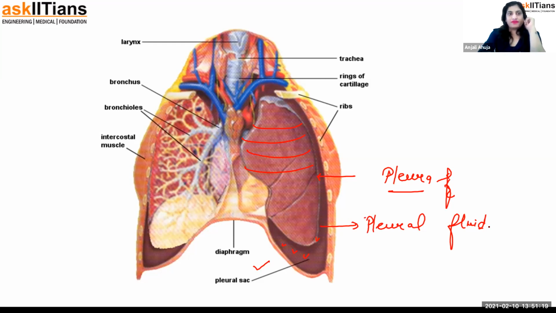Now, the lungs also have blood arteries and veins. So you see the bronchioles are there. From here, blood vessels are coming, in red and blue color. In the same way that the bronchi form branches inside, blood vessels also form branches inside.